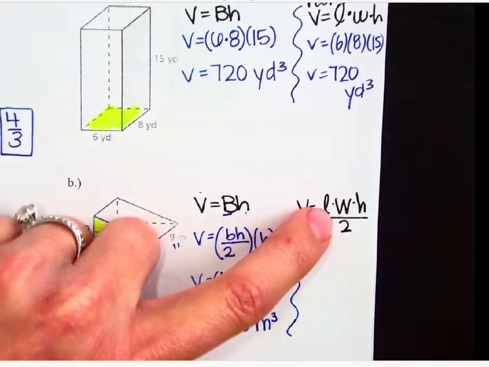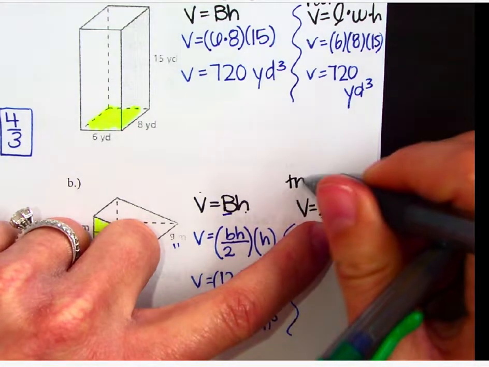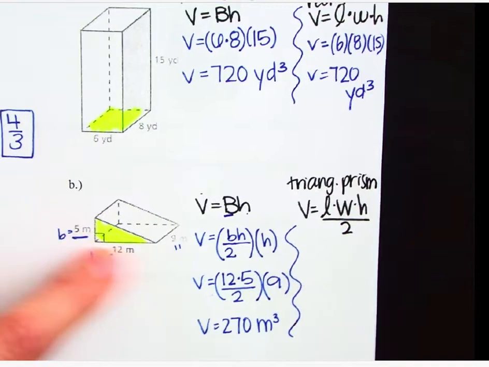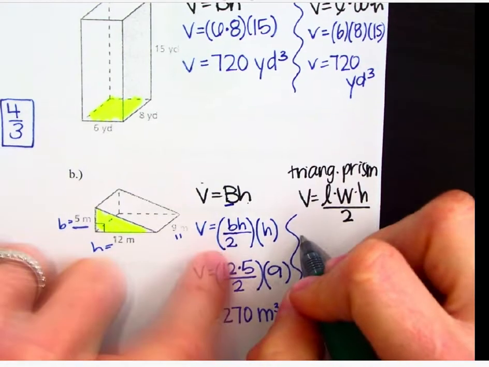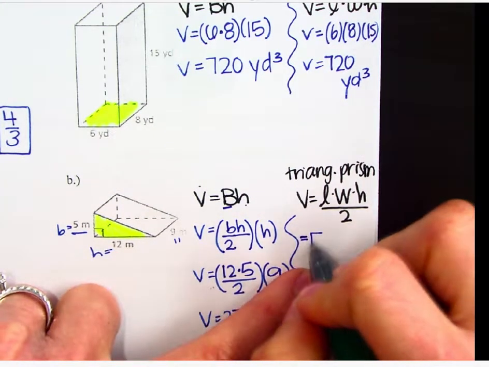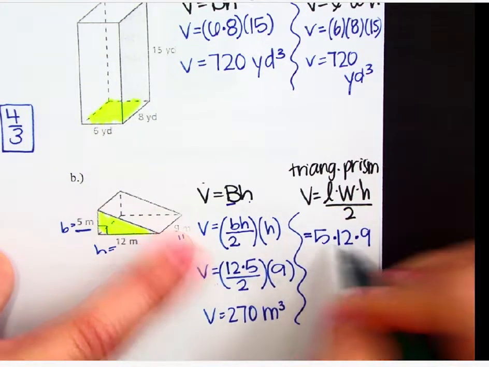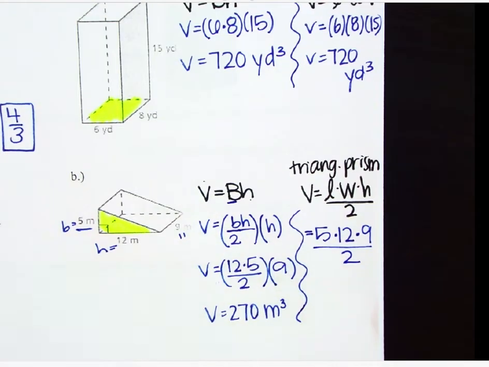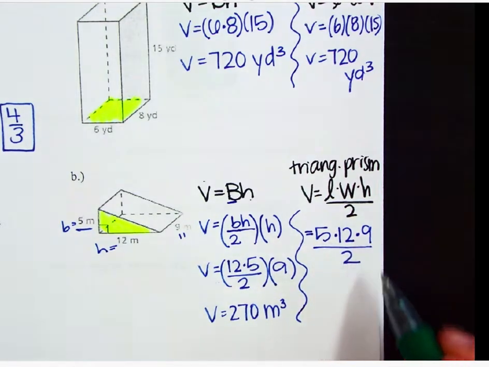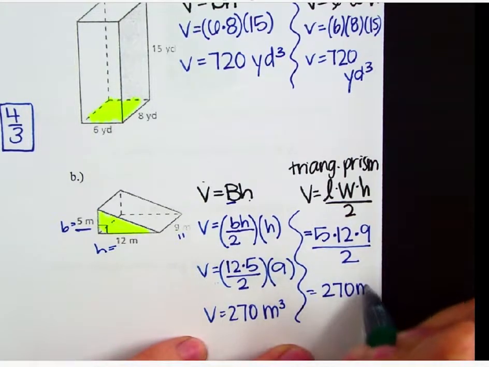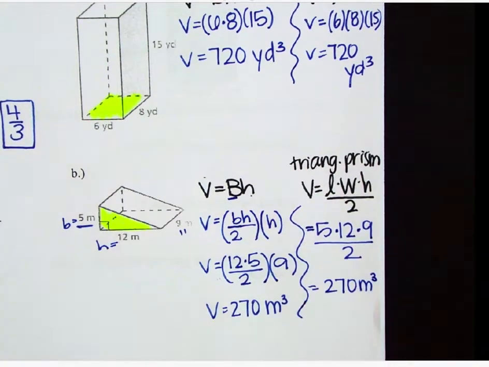So we could use this formula for the triangular prism if you want to memorize that: length, width, and height, just in a different format. 5 times 12 times 9, but then you divide by 2. And then you end up with the same answer of 270 cubic meters. So either formula that you want to use would work.